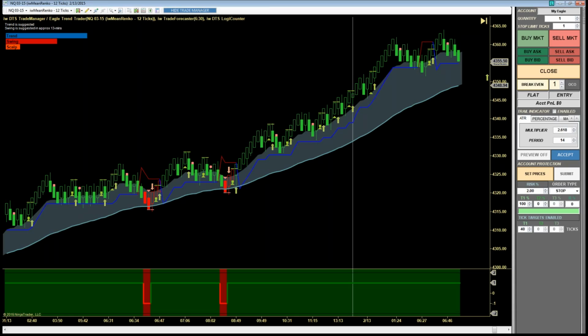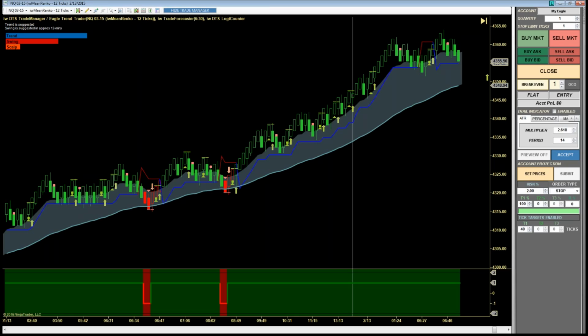These are called the Mean Renko bars, and I really wish they had come up with a better name than that, but whatever, that's what they call them. They're the Mean Renko bars, and they're not mean because they're angry. They're mean because they take the mean when they're printing, and I'm not going to get into the technicalities of it. They work really well.